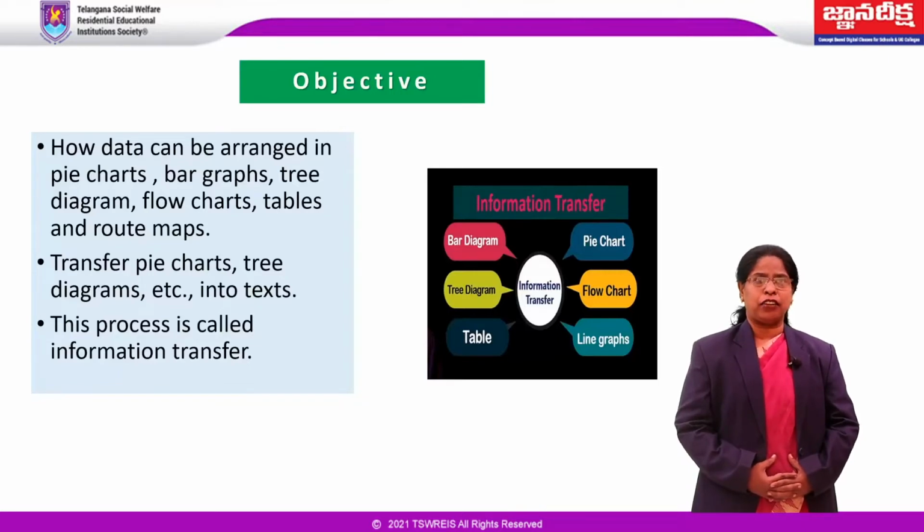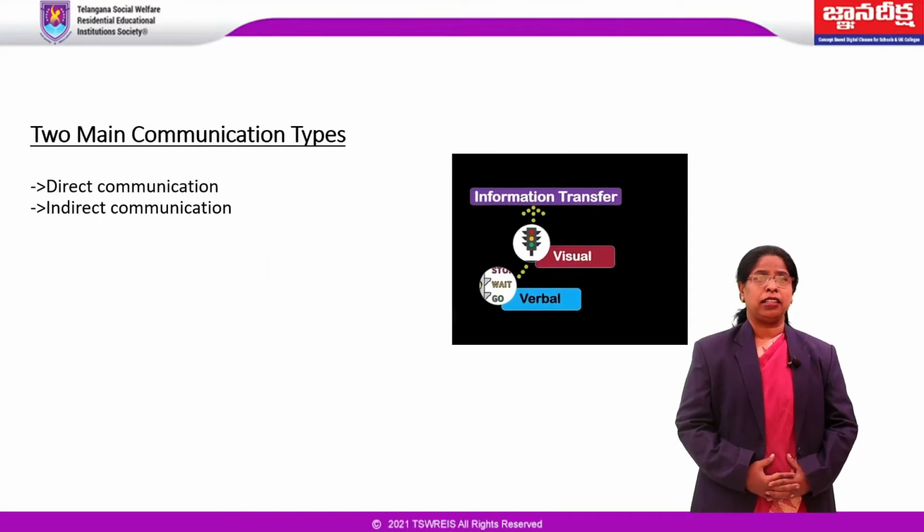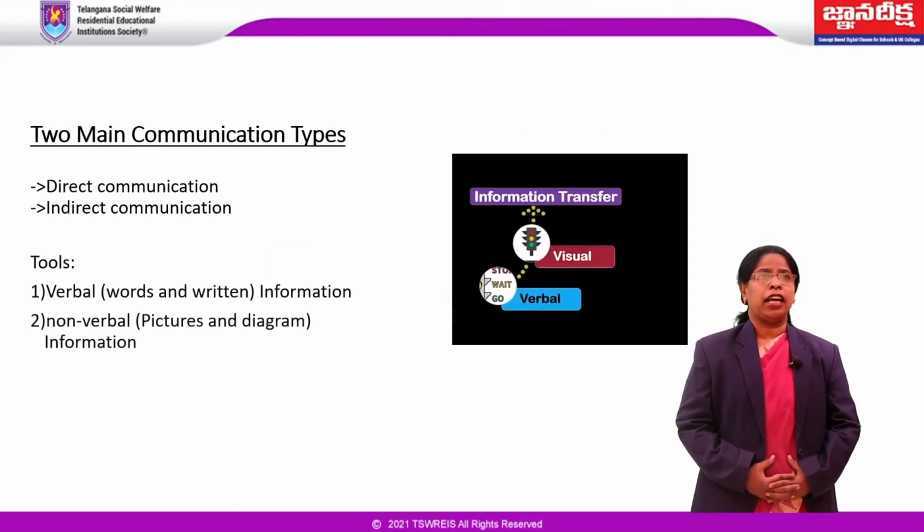Let's understand from the word visual that the information can be transferred in two ways: verbal or text, and non-verbal or diagram. You can see the picture. Information transfer can be visual or verbal.